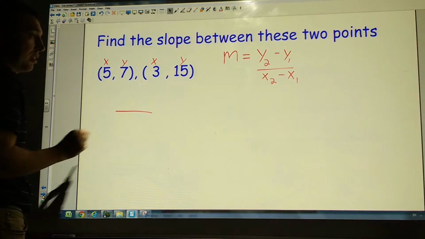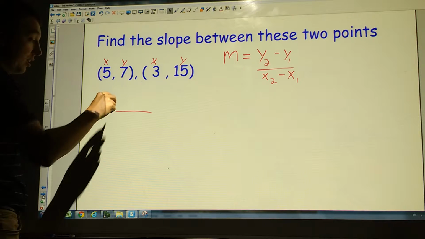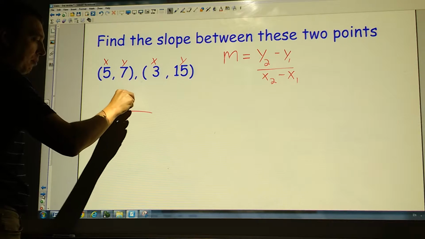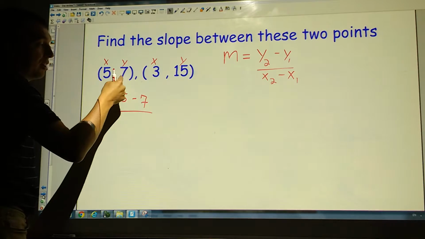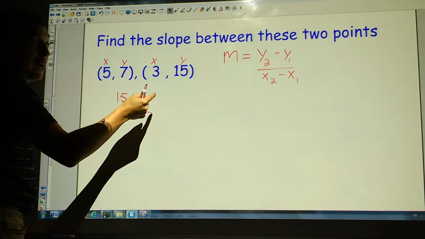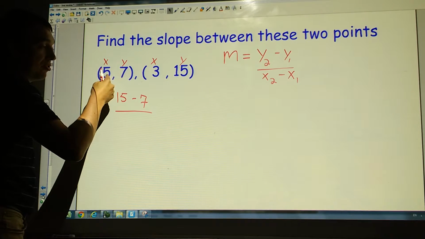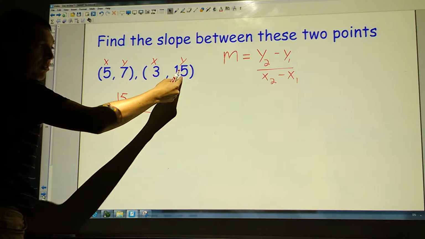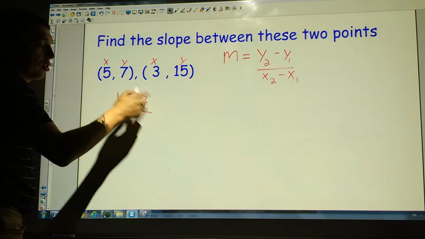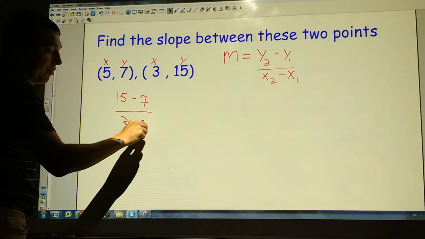So the formula tells me to subtract the y's. So 15 minus 7. Now, since I took 15 minus 7, I have to go back and take 3 minus 5. It is not 5 minus 3. So it's 15 minus 7 over 3 minus 5.